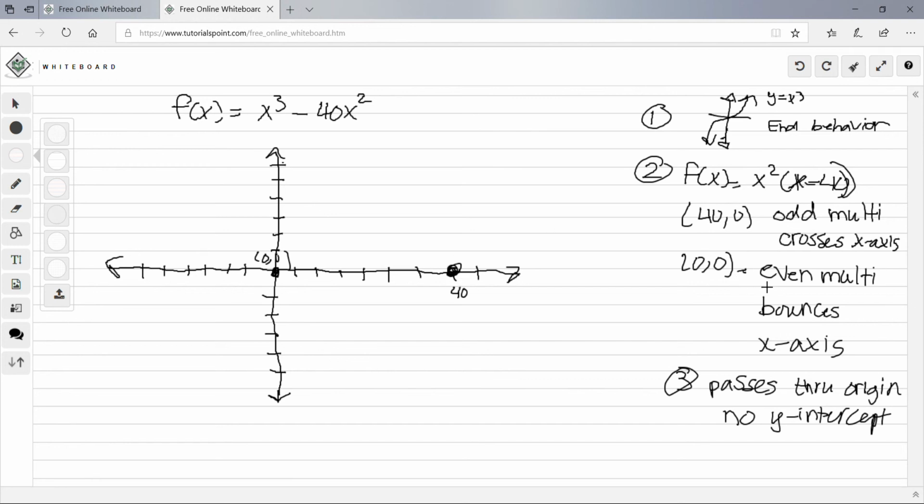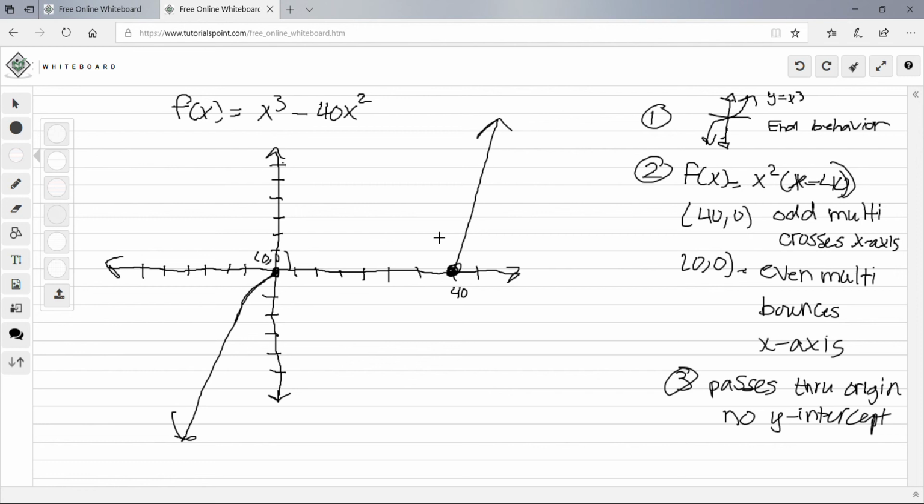Okay, first let's do the end behavior. It rises to the right, so here's 40. This is our last term, so it's going to look like this. And then our other term is (0, 0), and it decreases on the left, so it's going to look something like this. So that is our end behavior.